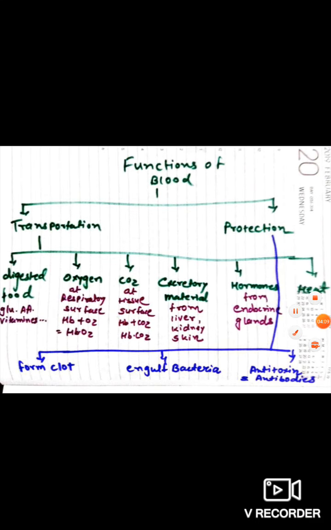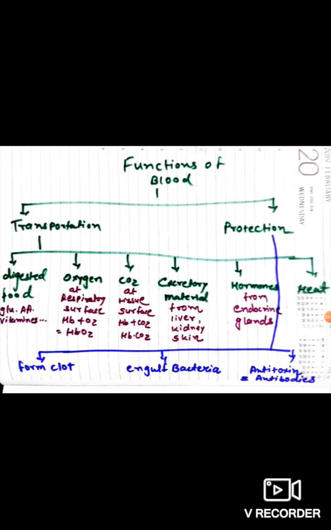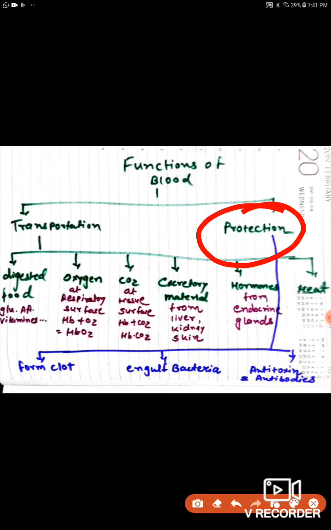Next function is protection. Three main things are there, showing how the blood can protect our body. When any injury happens, the blood will clot at that particular site. This clotting helps in three ways.